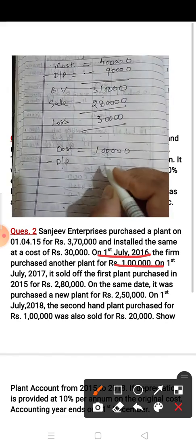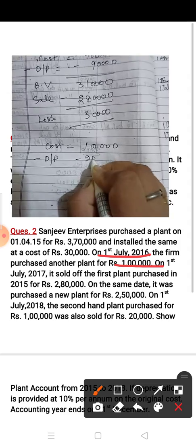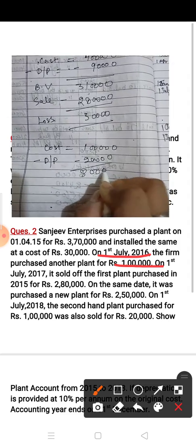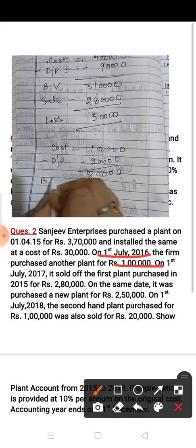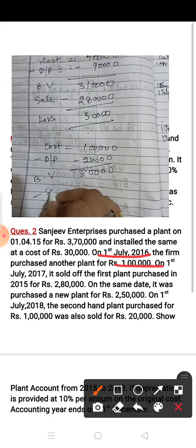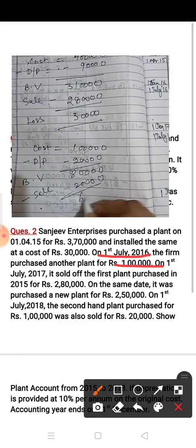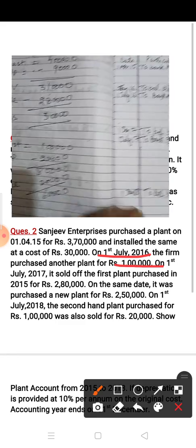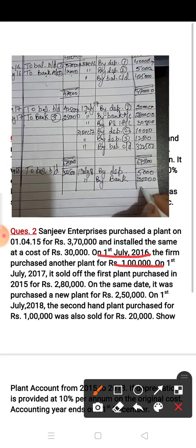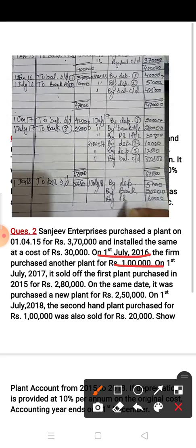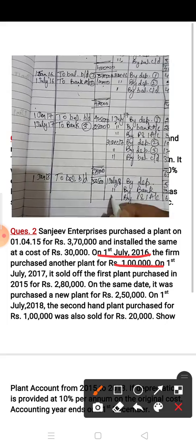So 20,000 total depreciation you have to subtract. Now after subtracting, the book value will come to 80,000. Now sale value is 20,000, so it means a loss of 60,000. Now this 60,000 loss you have to transfer to the P&L account on the similar date.